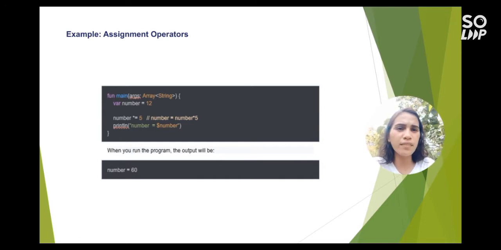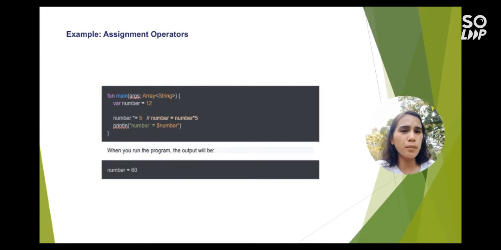When you run the program, the output will be 60 because 12 times 5 equals 60. The given value is 12, then times 5, so the result is 60.